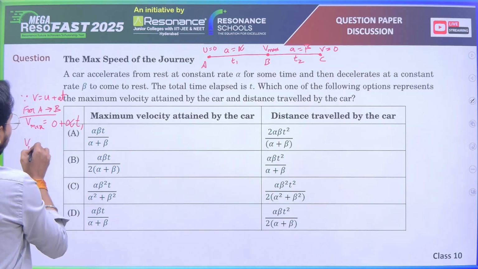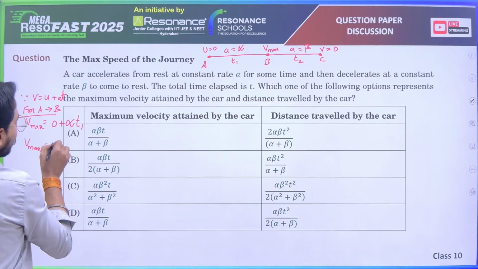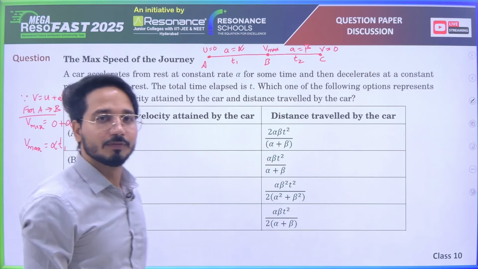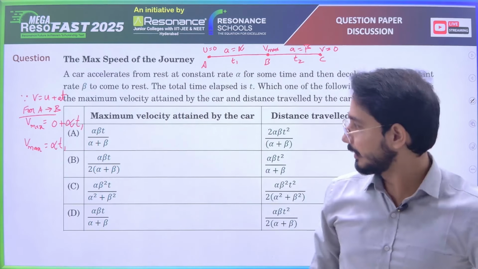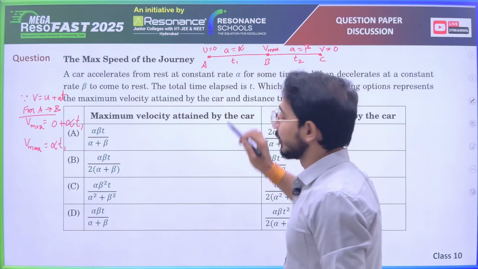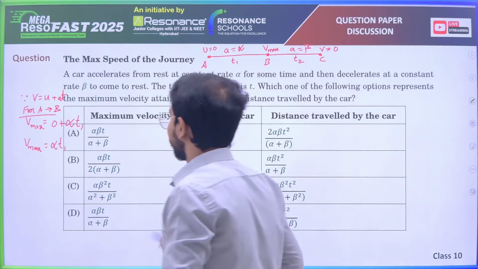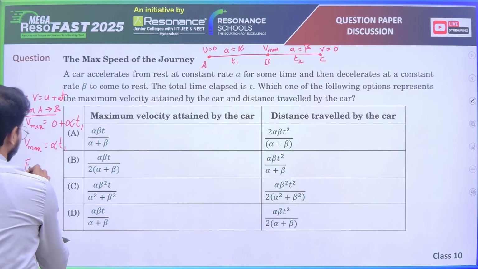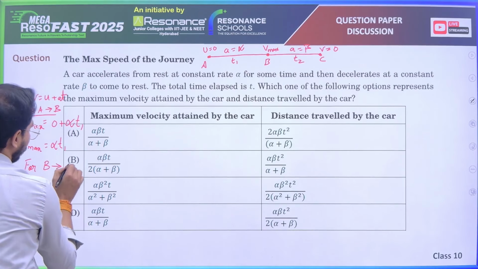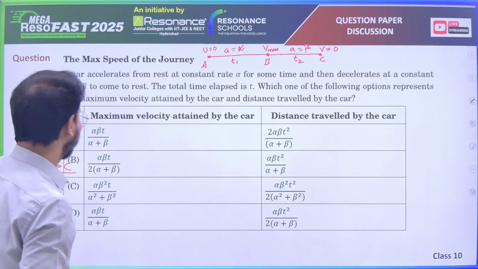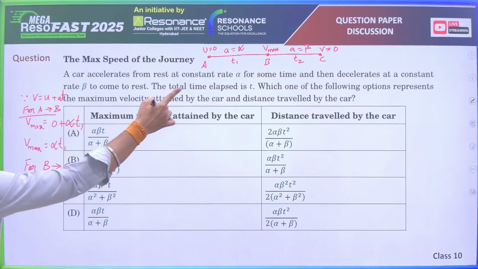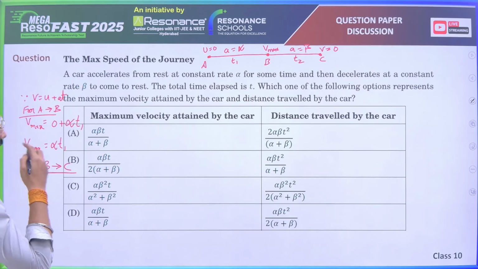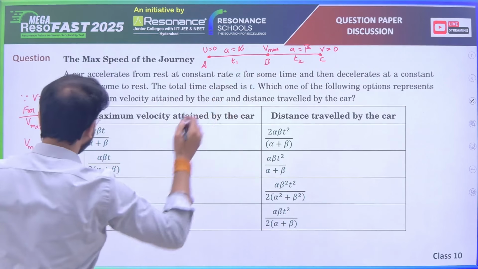So we have V max is equal to alpha into t1 for the journey A to B. Now for journey B to C, again we apply the same formula, V is equal to u plus at. So this will be its initial velocity.